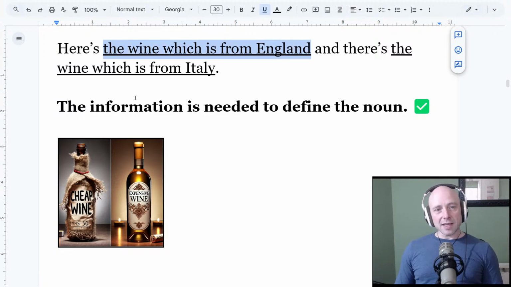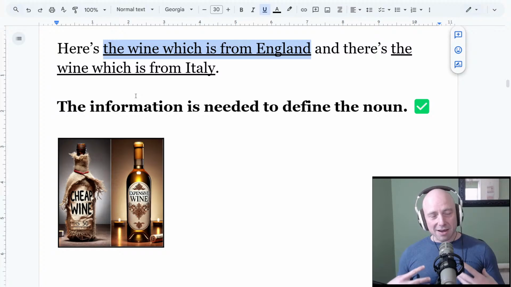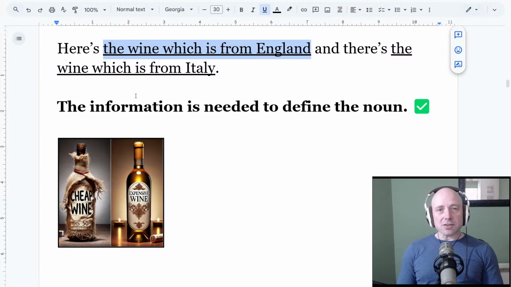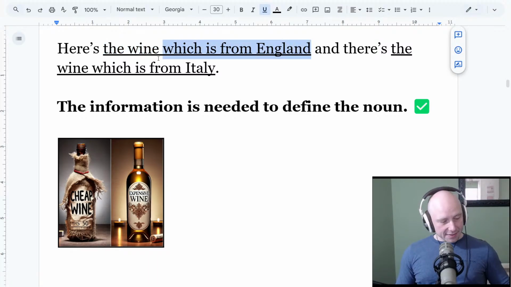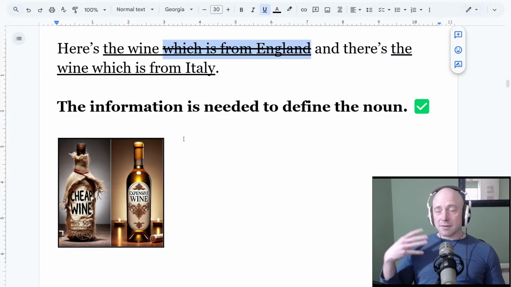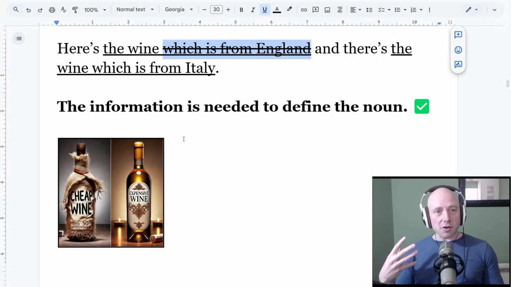And the important thing here is that the relative clause is part of the noun phrase. We cannot separate the relative clause from the noun. So if we remove "which is from England" from this noun, then now things don't make sense.